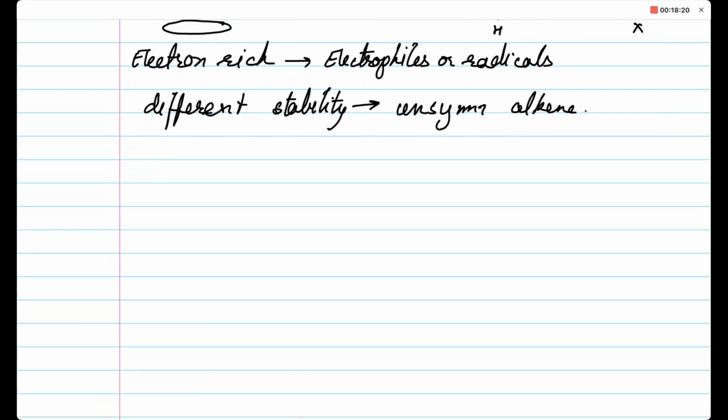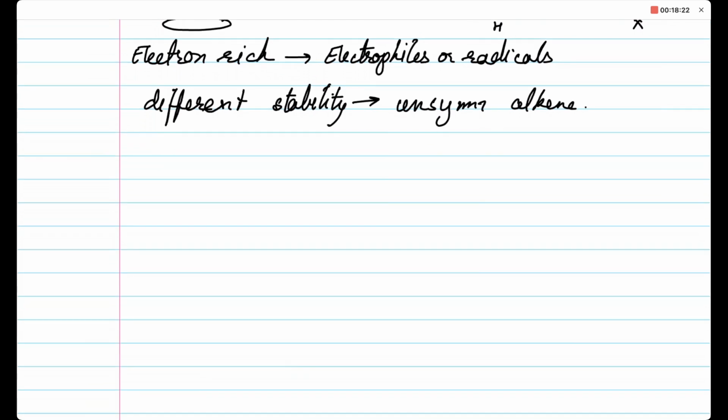Let's have a few reactions. Like we have the first thing, we can react CH2 double bond CH2 with concentrated HBr. We could take HCl also. We could take the HI also. So let's take in the case of concentrated HBr, we can have CH2 reacting with concentrated HBr.